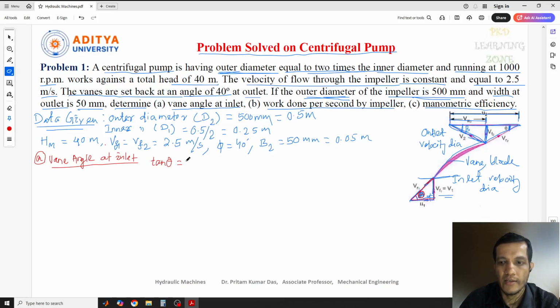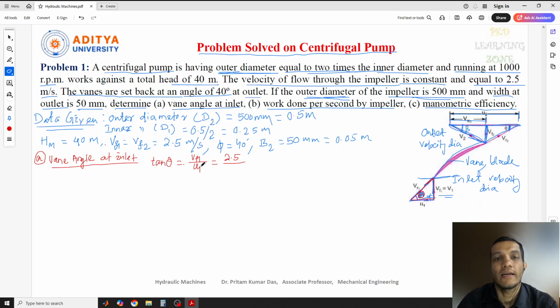So tan theta is perpendicular by base, that is Vf1 by U1. Vf1 value is given 2.5 meter per second, and U1 we need to calculate actually. So at the start we need to calculate U1.